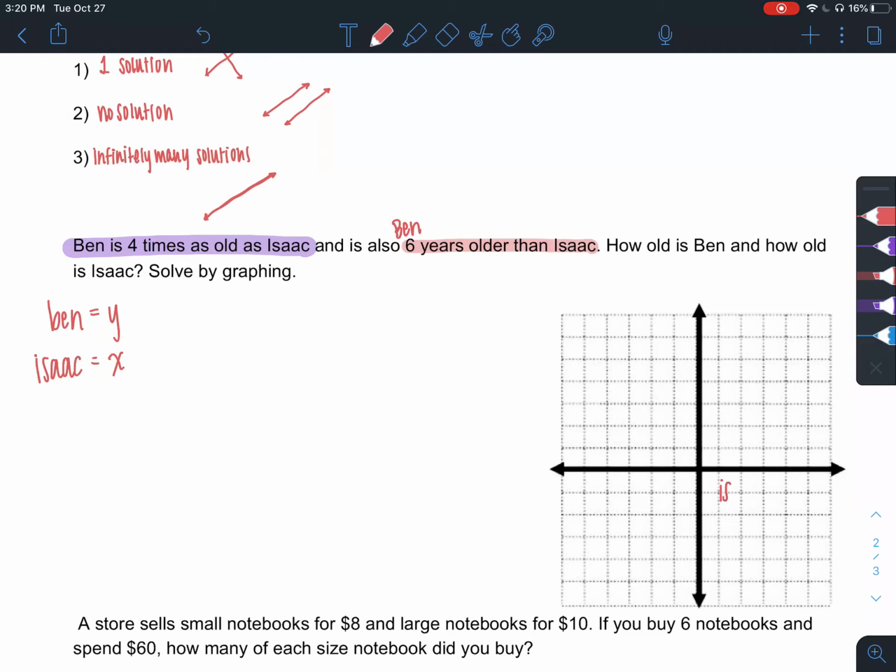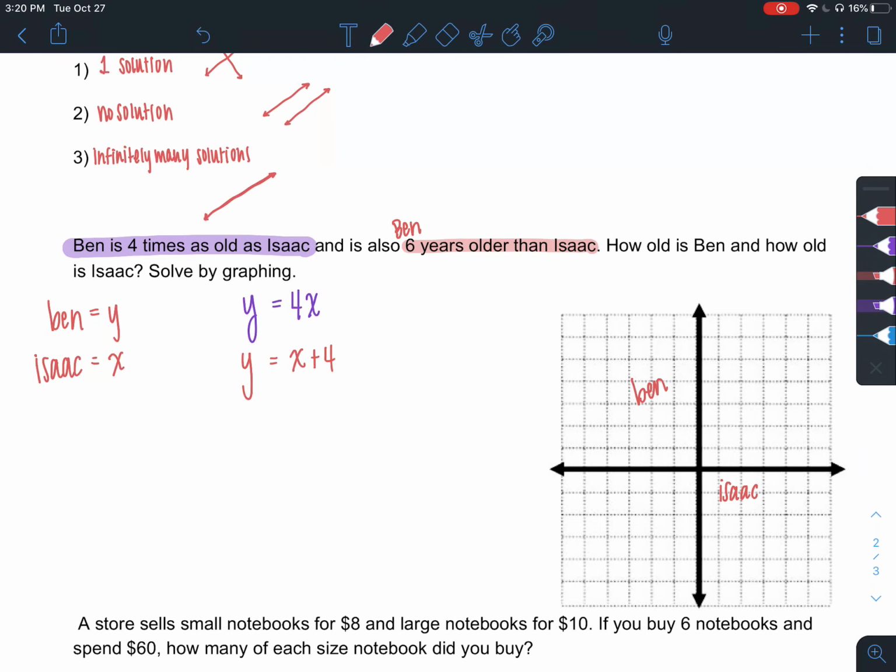So this is Isaac, this is Ben. Okay, if Ben is 4 times as old as Isaac, I'm going to take Isaac's age and multiply it by 4, and that will give me Ben's age. Ben is 6 years older than Isaac. I'm going to take Isaac's age and add 4 to it, and that will give me Ben's age.